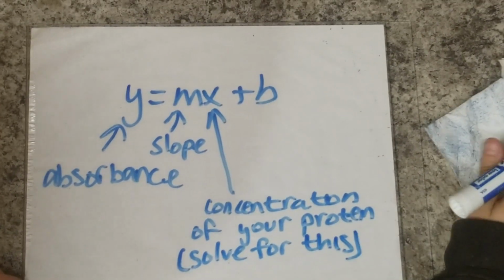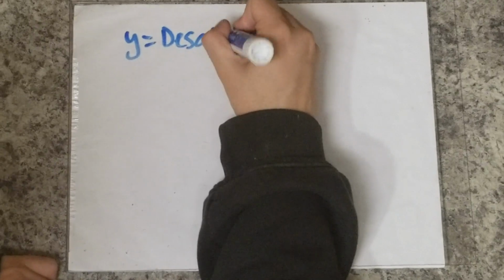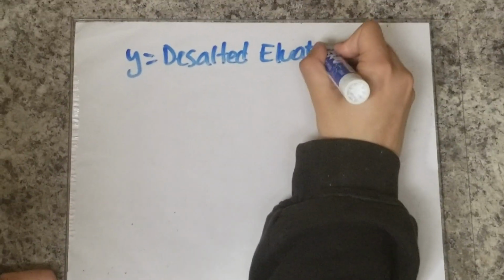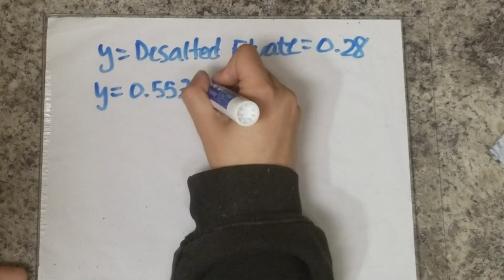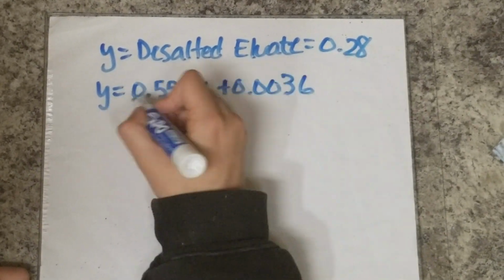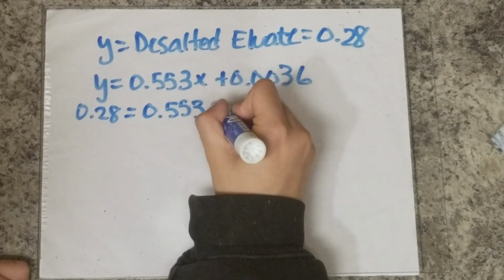To find the concentration of your protein, take the linear equation the chart generated for you. In our case, y equals 0.553x plus 0.0036. Next, identify the absorbance of your protein of interest from your lab notes.